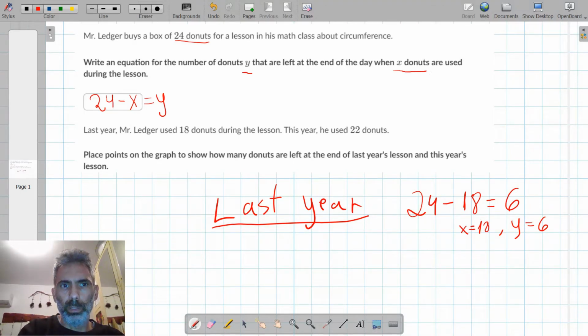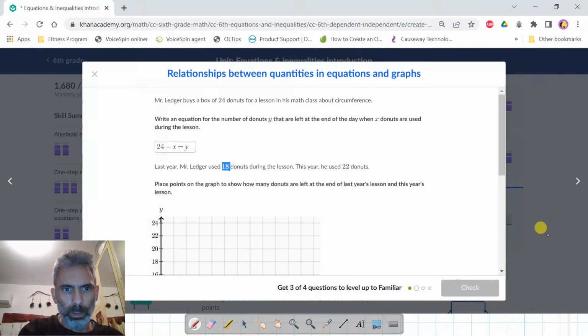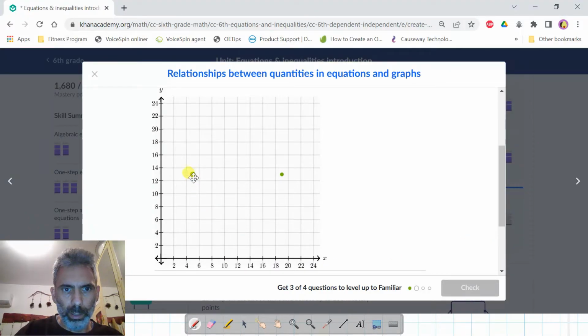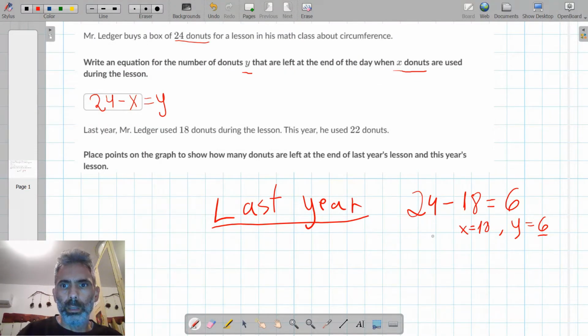X is the number of donuts that are used during the lesson, and y is the number of donuts that are left at the end of the day. So place points on the graph to show last year. Okay, so last year we need to graph x equals 18 and y equals 6. So this is the point that represents last year.